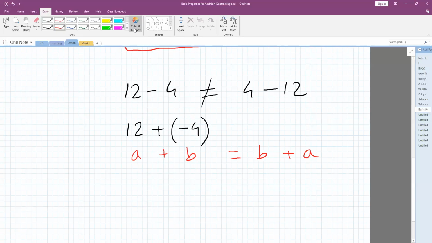If you look at the similarity, this is your plus and plus. So A equals 12, and B equals negative 4. So you see, when you have 12 minus 4, it is actually equal to negative 4 plus 12.